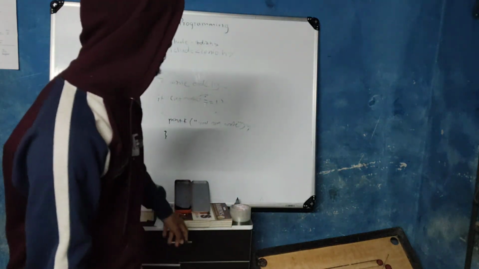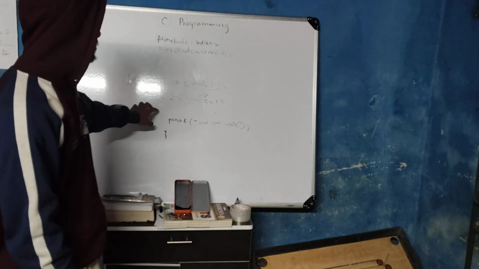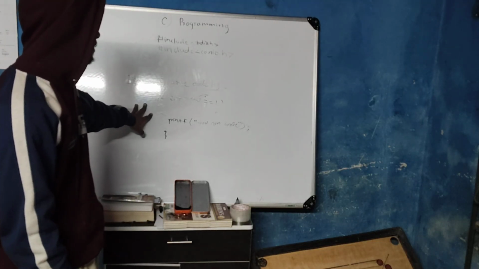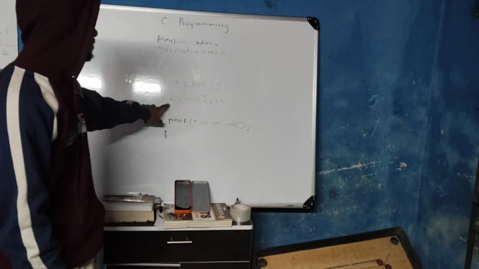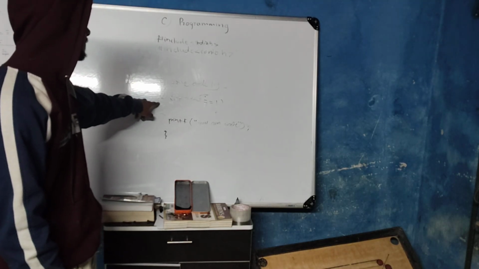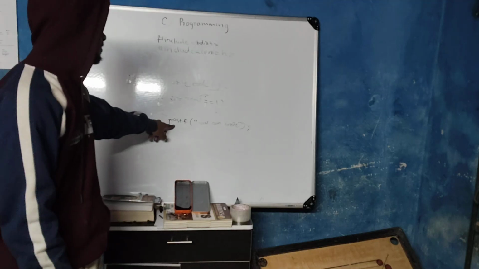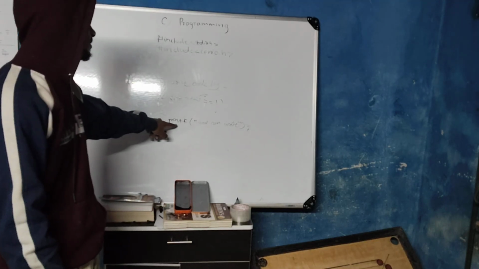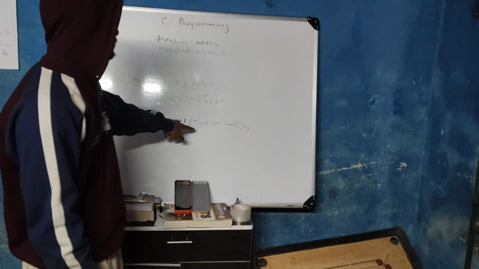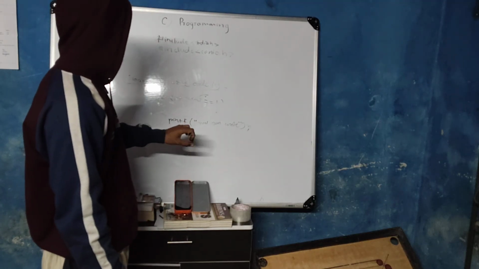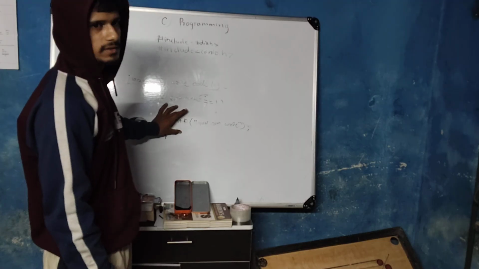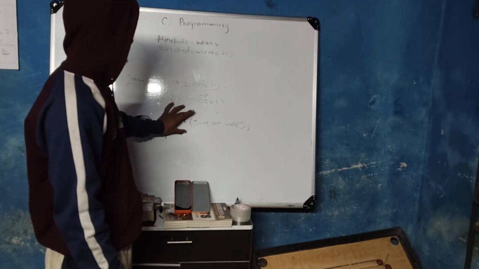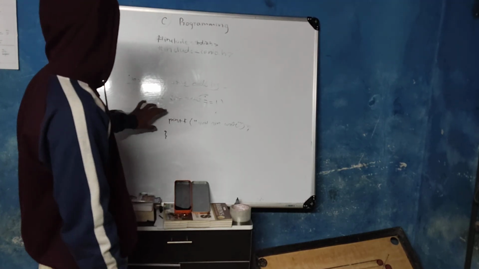Where we use conditional statements, we have to write the condition in the circle brackets and use if as a keyword, printf as a keyword. In these brackets, we have to write a statement that is our solution.